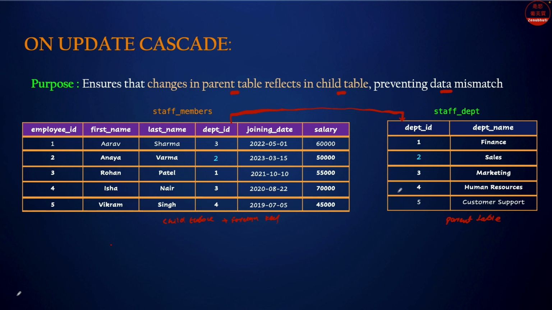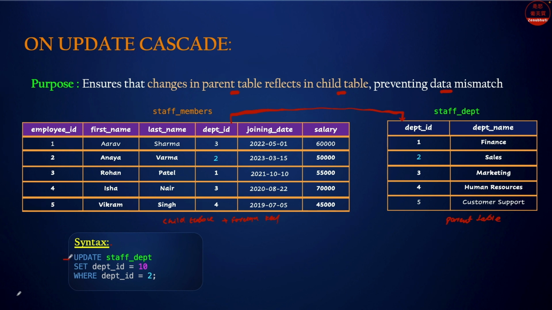Now let's say you update a record in your parent table. Then the child table record has to be updated so that data is consistent in both tables, right? How to do that? This is your syntax.